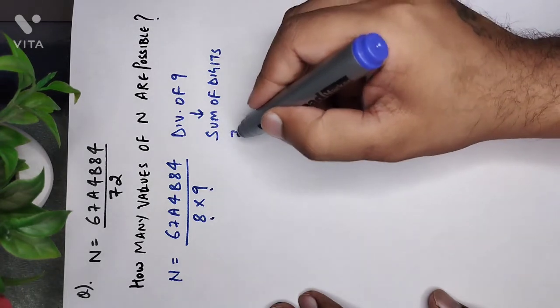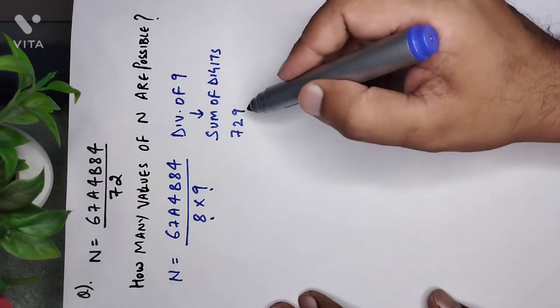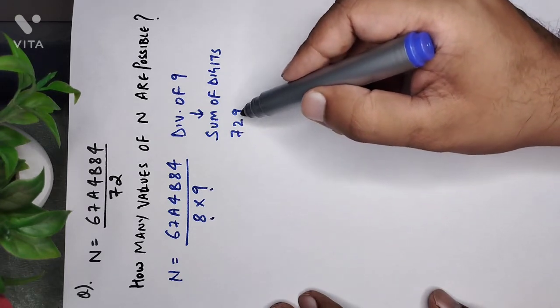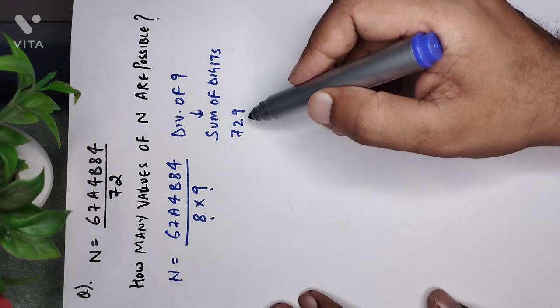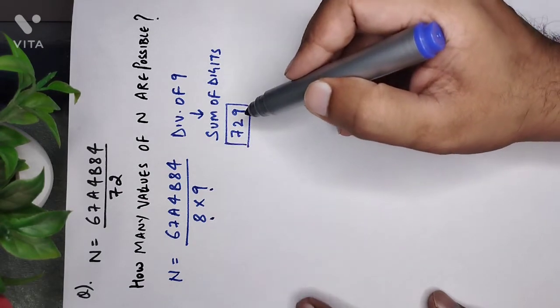For example, to check whether this number is divisible by 9, I simply add up the digits. 7 plus 2 is 9, 9 plus 9 is 18, and 18 is exactly divisible by 9. So this entire number will also be divisible by 9.